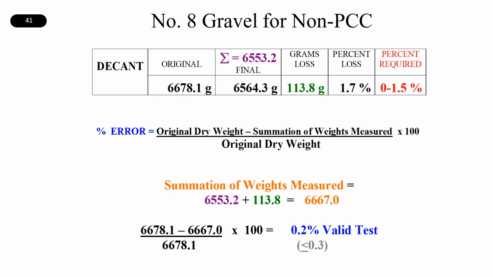The summation of weights measured during testing, including all sieves plus the pan plus the decant, was 6667.0 grams. Plugging into the formula, a total of 0.2% was lost during testing. Since 0.2% does not exceed 0.3%, this is a valid test.